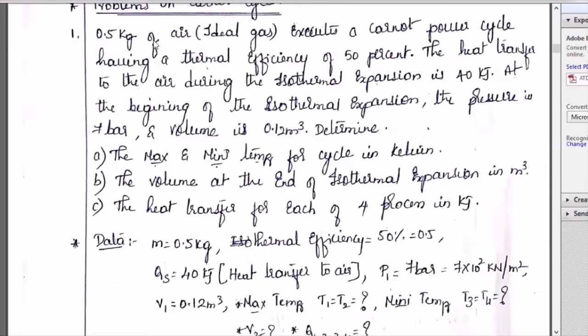Yes, sir. What the problem says. See, usually the problems on IC engine as well as on the Carnot cycle, the data to extract from the problem will be very big.